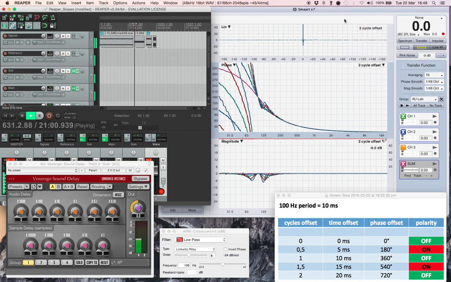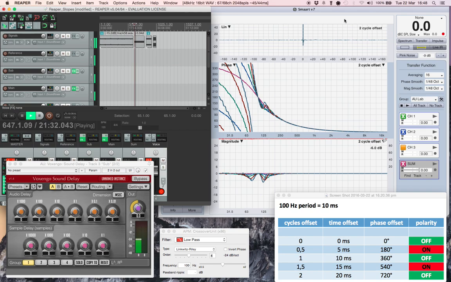So, as you could hear, there's quite a number of instances or iterations of polarity and time offset where we can have summation. And when you listen to a single sine wave, who is to know that you are within the right cycle, the right amount of time offset, with matching slopes in phase and on time, and not just in phase but possibly not on time.